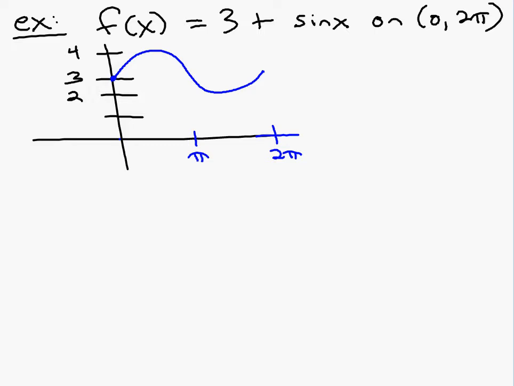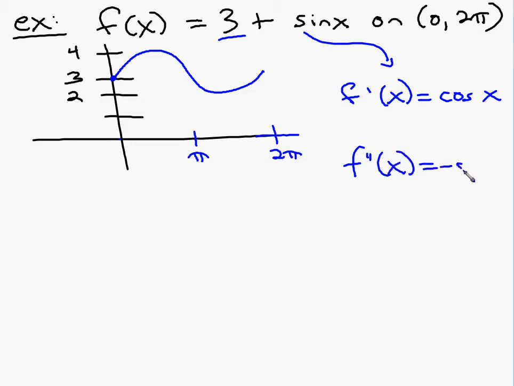Okay, the derivative of this, f prime of x, well, the derivative of 3 is 0. The derivative of sine is cosine of x. Now, what is the second derivative? Let's just go ahead and do that. Good job. The second derivative is negative sine of x.